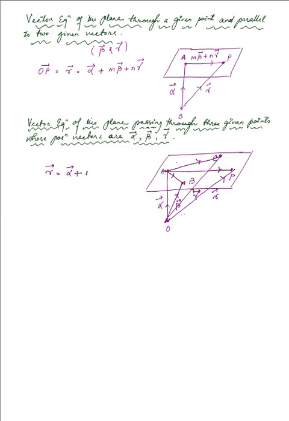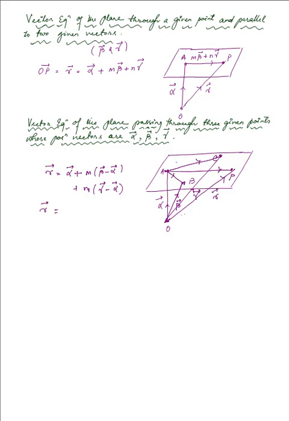That will be some multiple, because of the case of parallel vectors, of the AB vector. The AB vector in this case is, as we can see, beta minus alpha, plus n times, that is some multiple of, the vector AC, which is going to be equal to gamma minus alpha. So now we have the vector equation of the plane passing through these points whose position vectors have been provided.